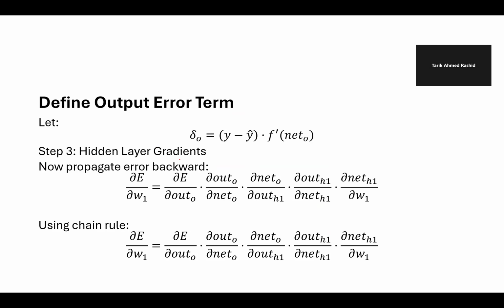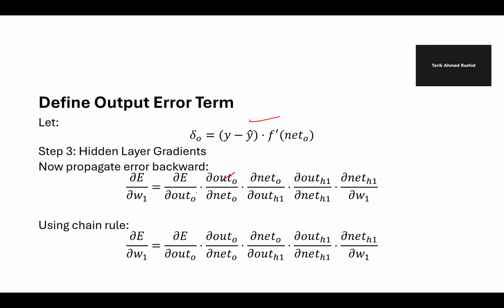That's for the output layer. Now, for the hidden layer, we will have ∂E/∂out times ∂out/∂net times ∂net over the weight, so all these work together.